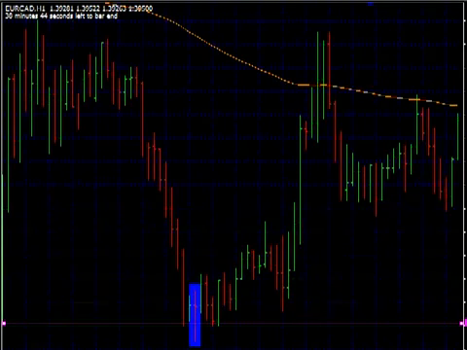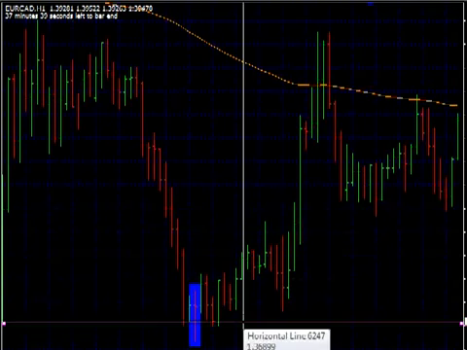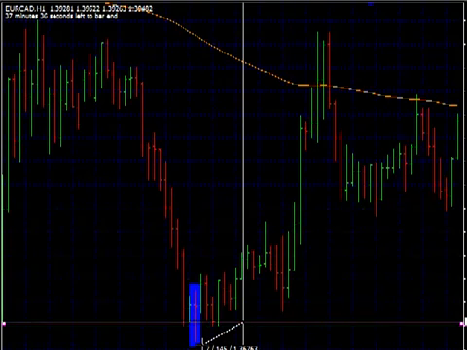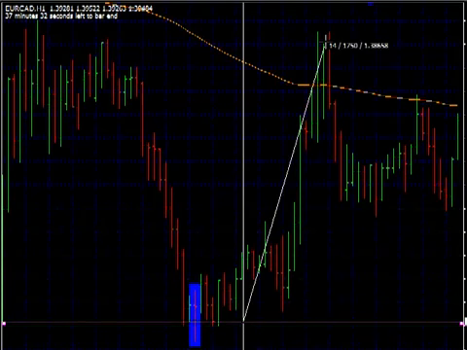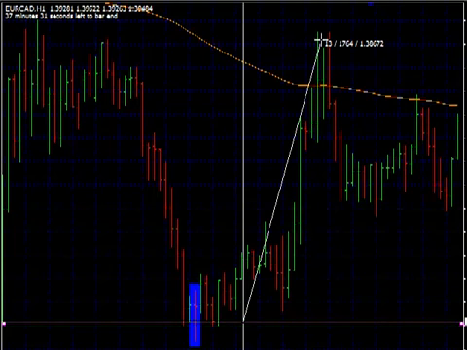For example, if we enter on the retracement over here, our stop loss is around 14-15 pips, and if we take full profit at the 365, it is around 175 pips. That is a risk reward ratio of more than 10.